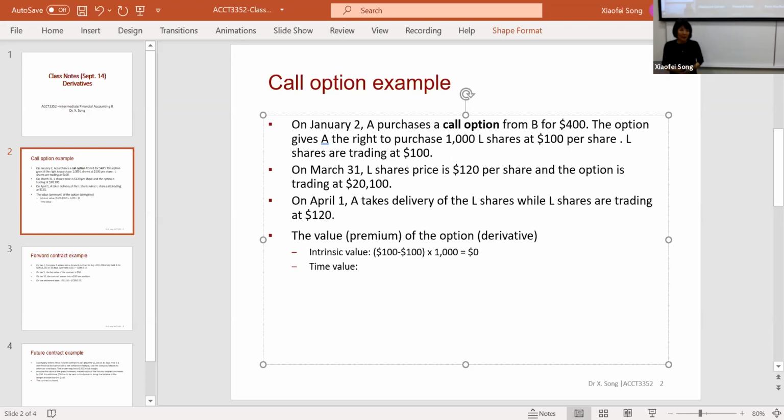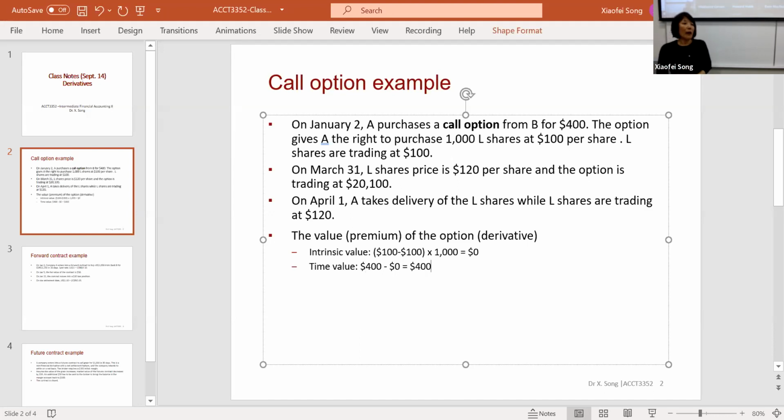The value of a possibility of benefit, right? So here the total value is 400, and the intrinsic value is 0. So in this case, basically company A is betting on the price of the L share will increase.